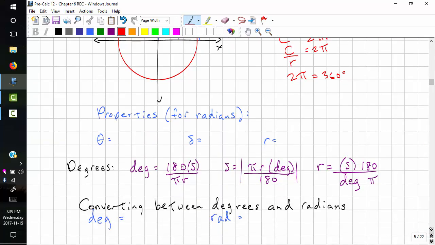Now we have certain properties when we're using radians. The angle is S divided by R, similar to what we have here, C divided by R. That's the whole circle, but if we take part of the circle, it's S divided by R. S, the arc length, is a length, and because we have length, we need to use absolute value.